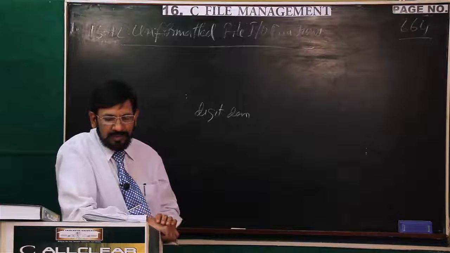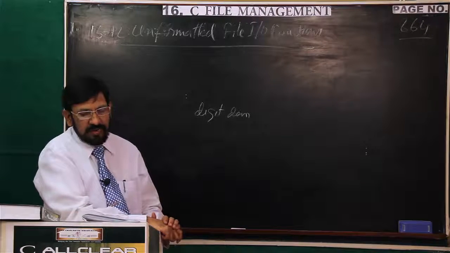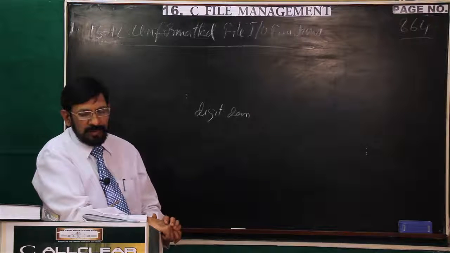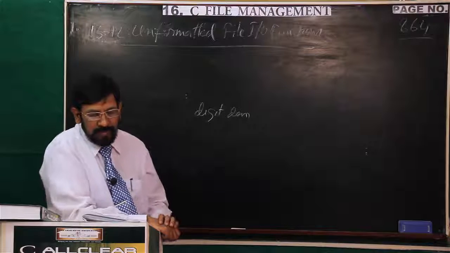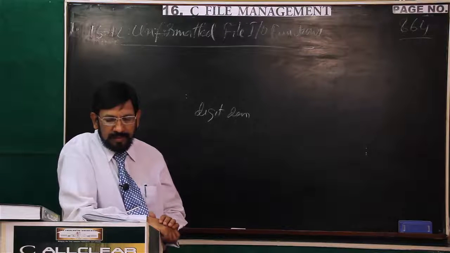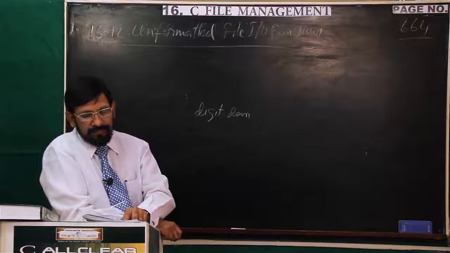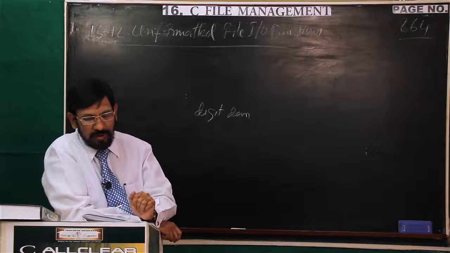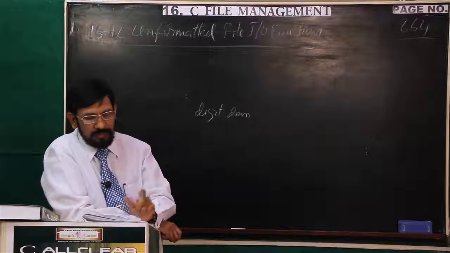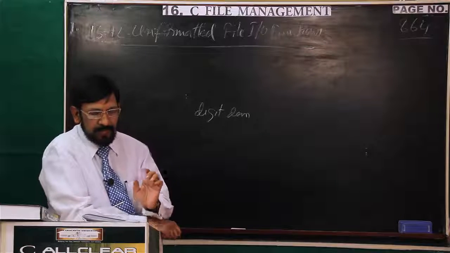Here c is equal to 0 I have given in the for loop. You can write c is equal to 1, c is less than or equal to 10, because here no array is there. Nothing wrong. And with scanf, you read 10 integer values from the keyboard.